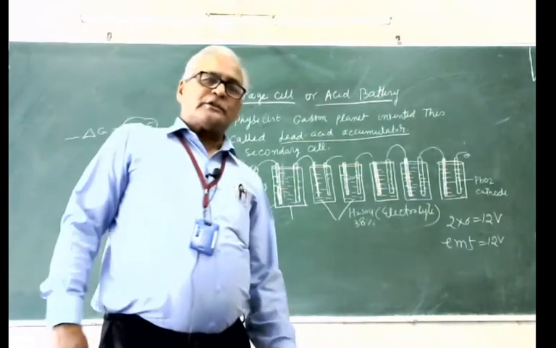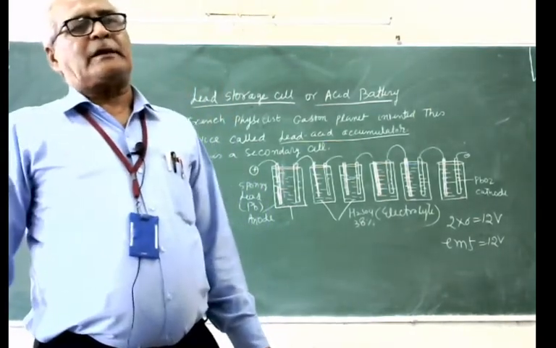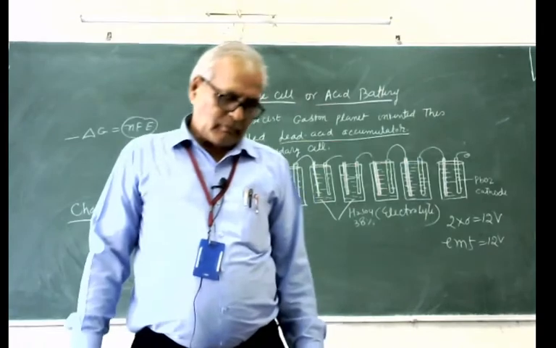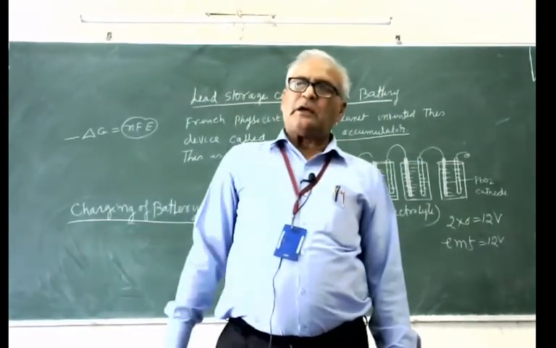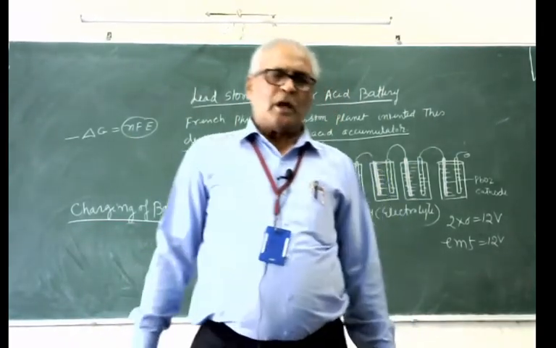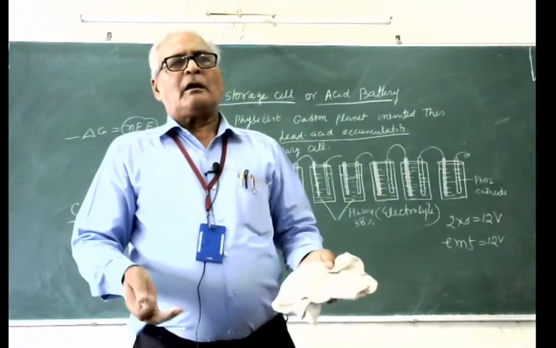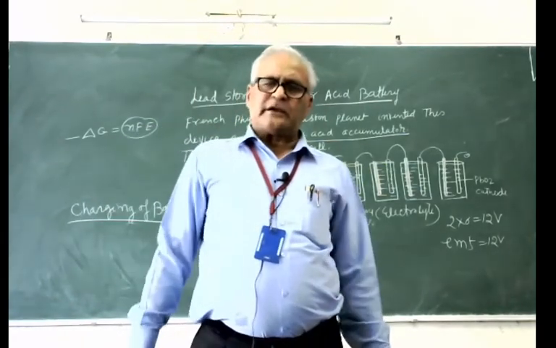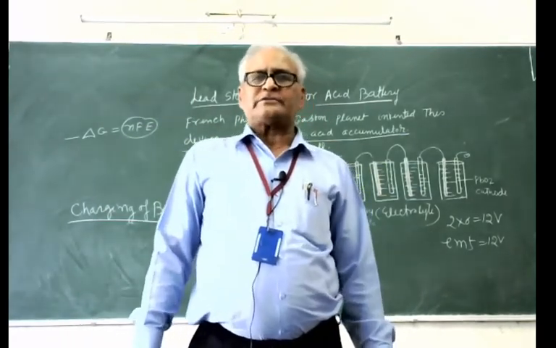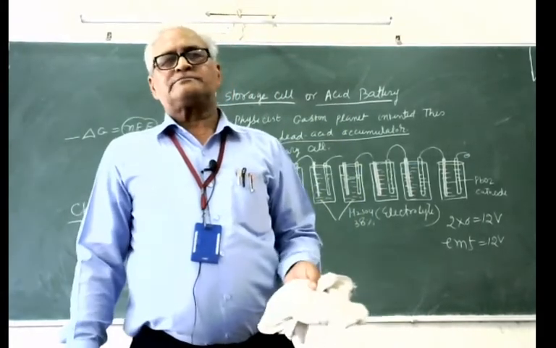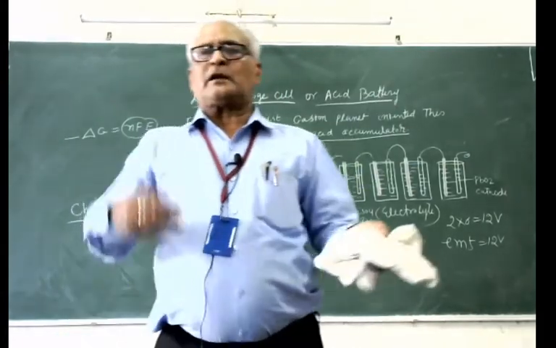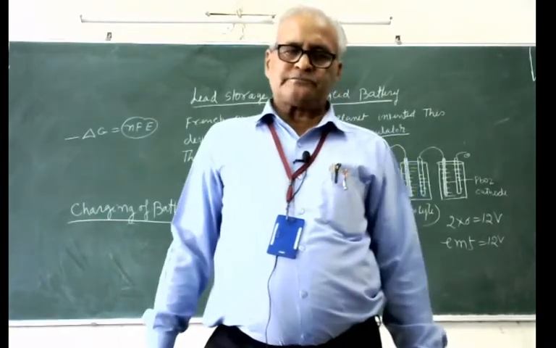During the discharge, you have observed that lead sulfate is formed, which deposits over the anode and cathode, meaning the plates. Not in very technical language, we can say there are two plates, one is the positive plate and one is the negative plate.